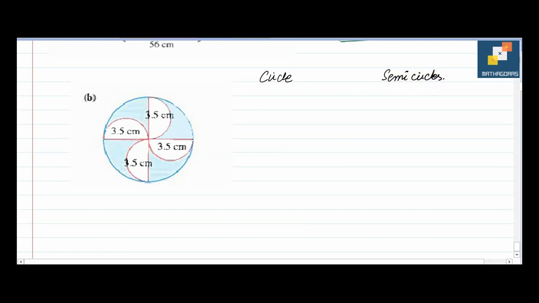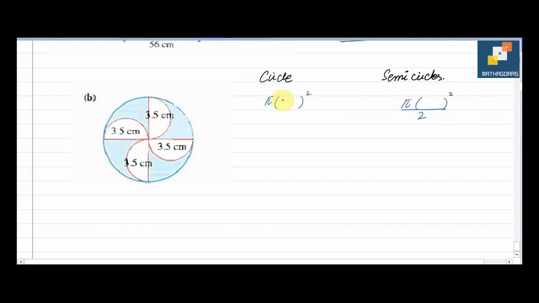Now you have done the most important step. Now you need to write the working formula only. The working formula for a circle is pi r square, and the working formula for a semicircle is pi r square divided by 2.